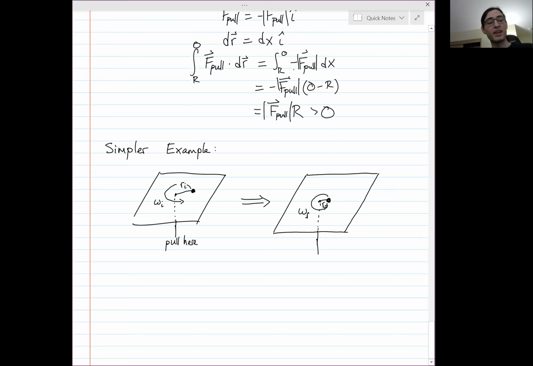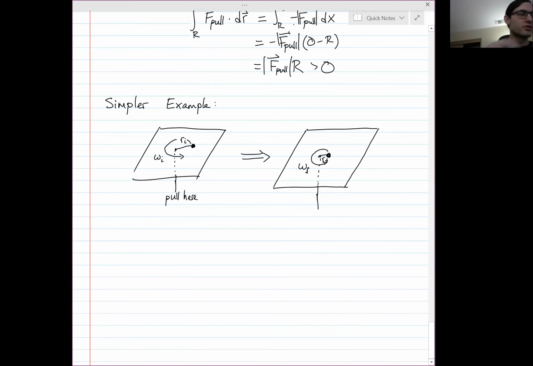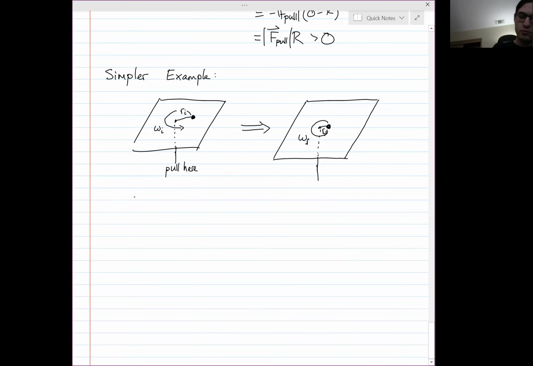Now we can try to figure out how much work is done when the distance from the block to the hole changes. This block is sliding around, and we can figure out how much work is done by pulling. Let me jot down what we want first: the work done by the pulling force.